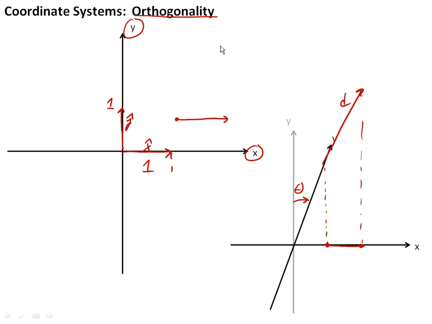Why is this important? When we get to the future and we have some equation, f of x, comma y, comma z, in the x direction, plus some other equation, g of x, comma y, comma z, in the y direction, these are completely separate equations.